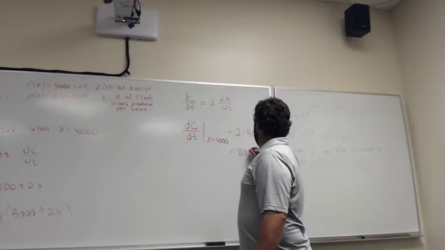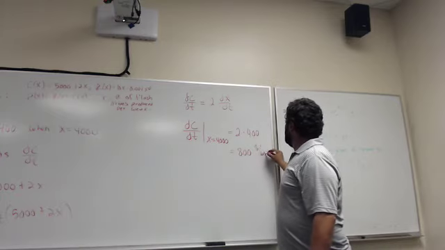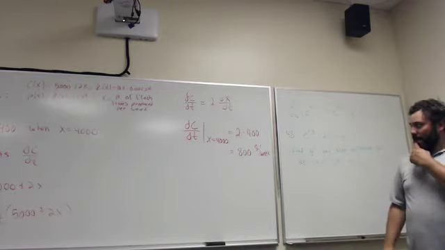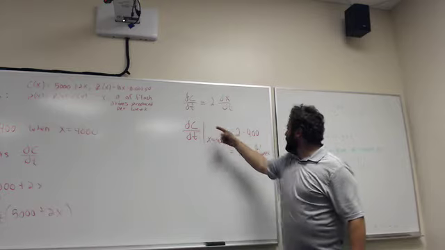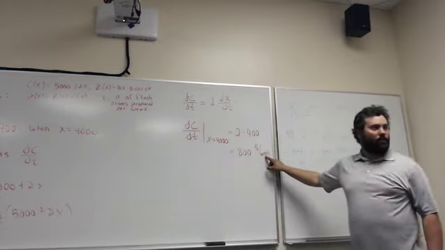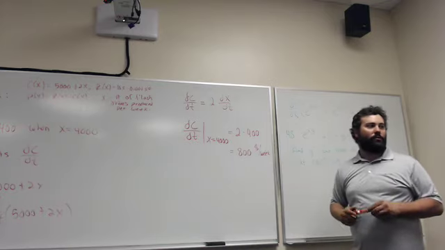And I can write, this is 800, and we can write dollars per week. That's another reason why this notation is helpful, because change in cost is given by dollars, and the change in time is given by weeks. Okay, that's why this notation is generally more helpful.